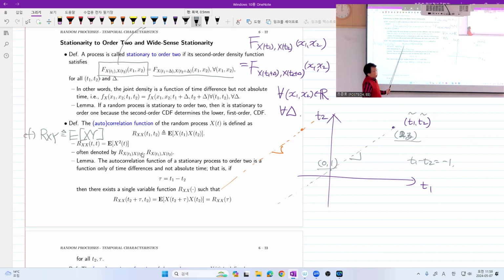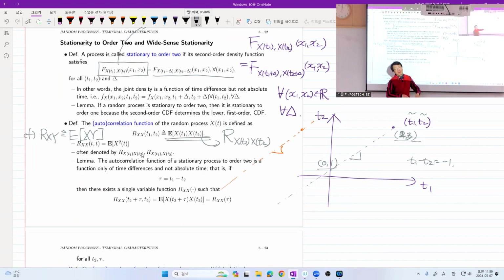So precisely speaking, this right-hand side had better be written as capital R sub capital X of T1, capital X of T2. But as I told you long ago, typewriters did not have subscripts, so they avoided this kind of notation.